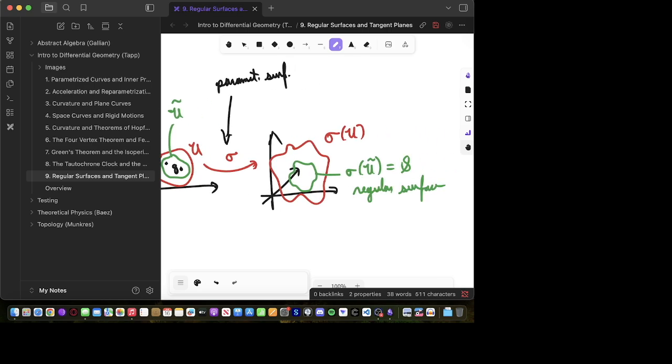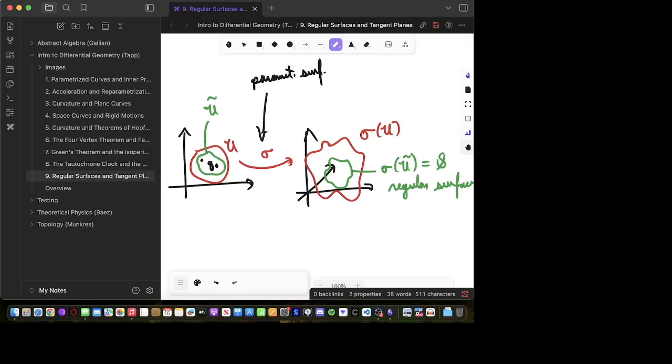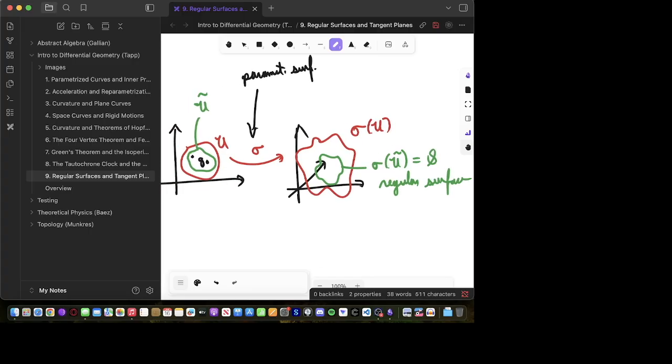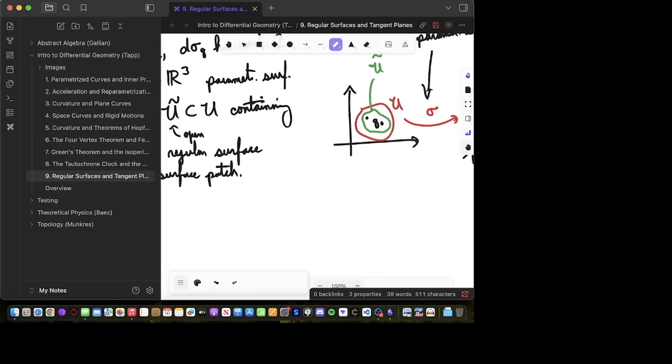So under these conditions we can choose any point so that there's an open set surrounding it, such that if you apply sigma to it, then the result is a regular surface.